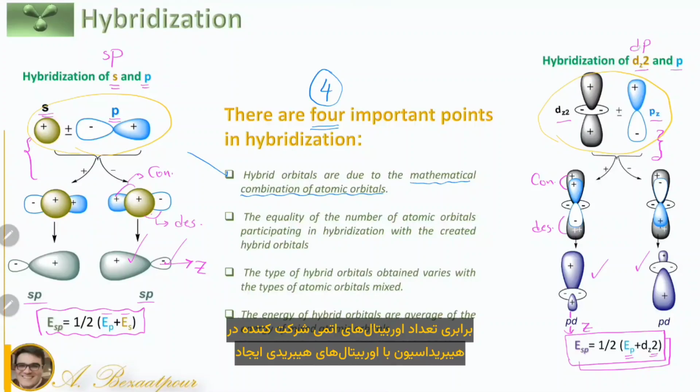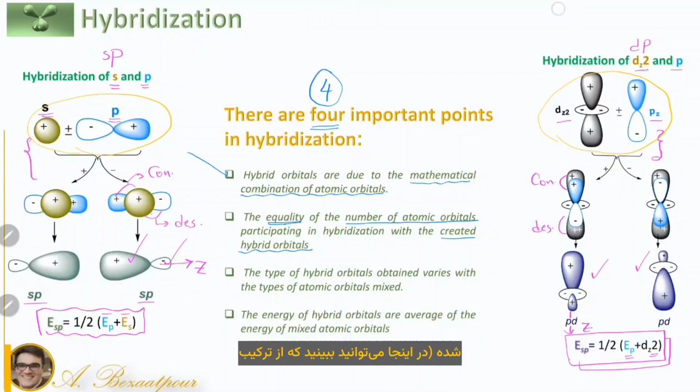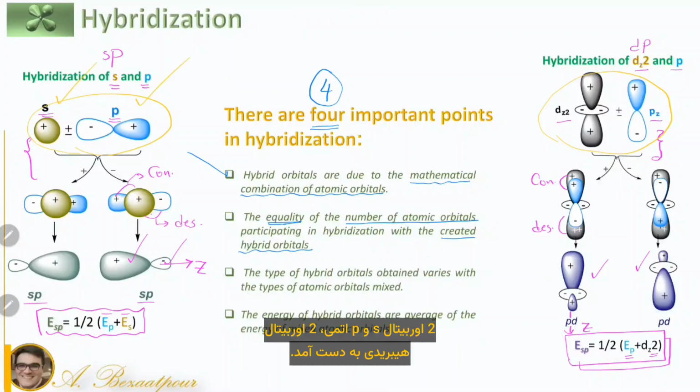Second, the number of atomic orbitals participating in the hybridization equals the number of hybrid orbitals created. You can see here that from the combination of 2 atomic s and p orbitals, 2 hybrid orbitals are achieved.